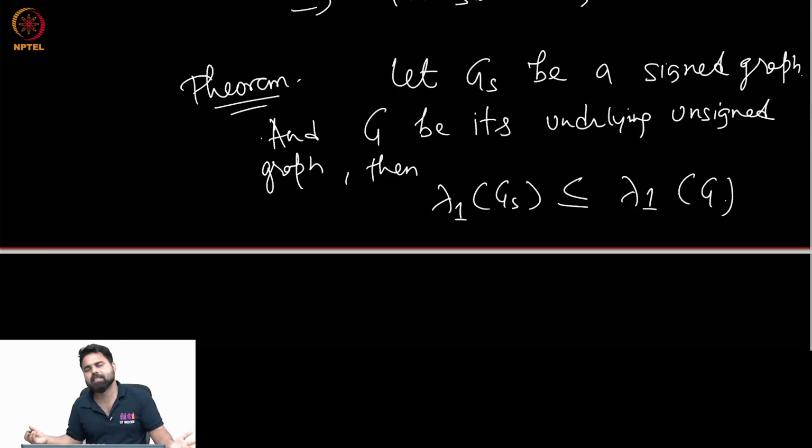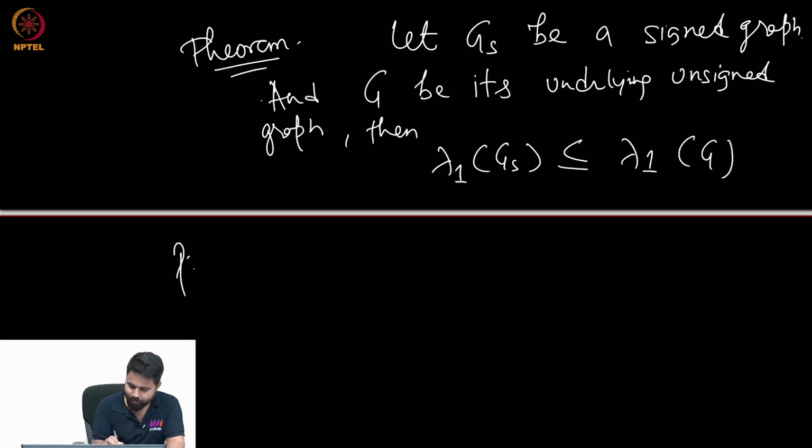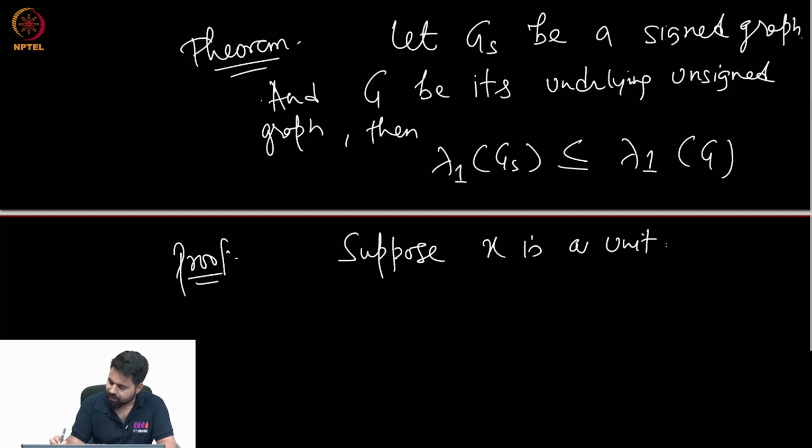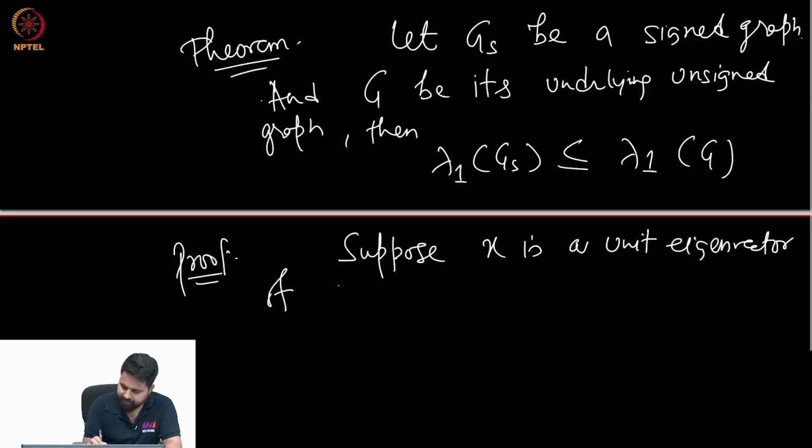The proof is very simple. Again, the Rayleigh quotient we will take. So proof: suppose X is a unit eigenvector of GS.